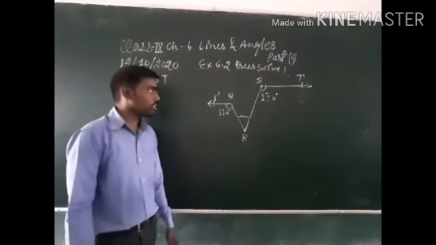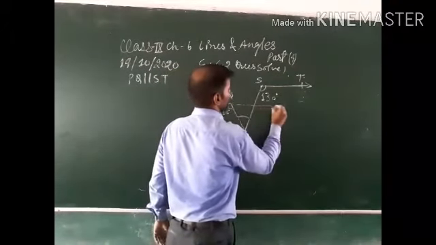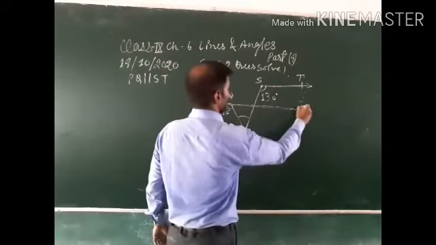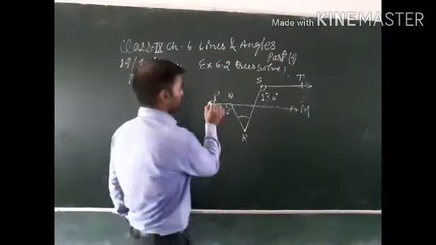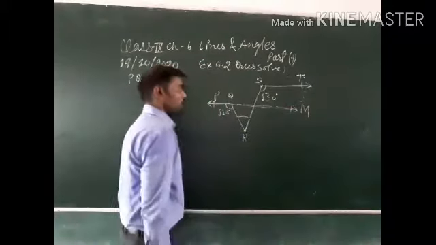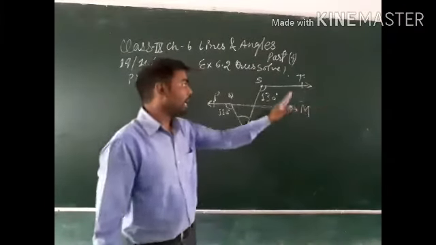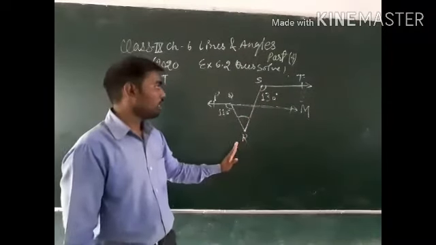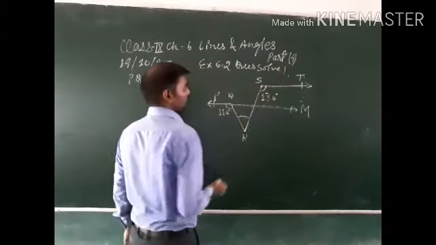It means when we produce this line, this is point M. So PQM are also aligned, ST is also a given line, and SR is a transversal line.